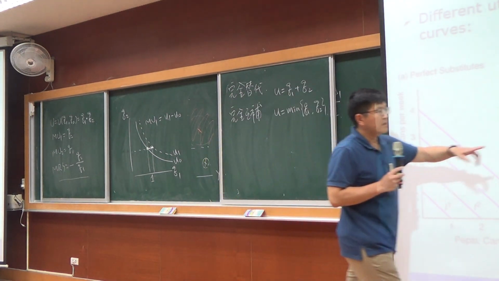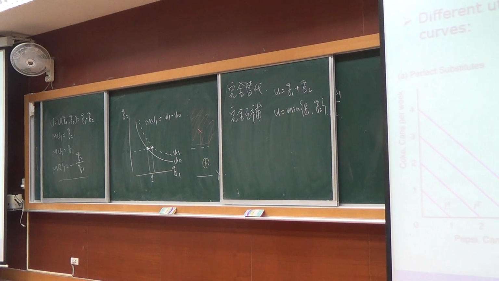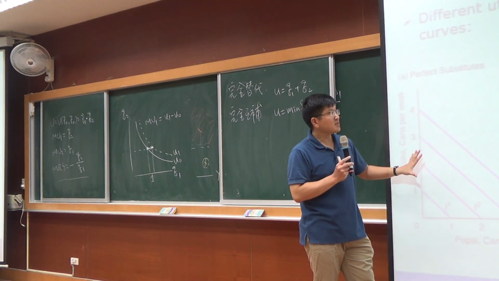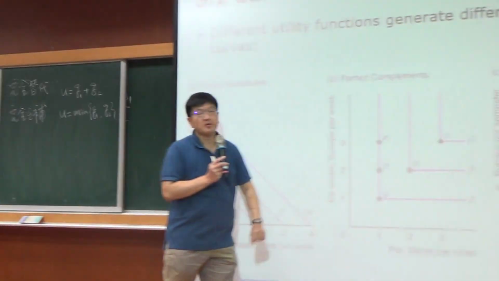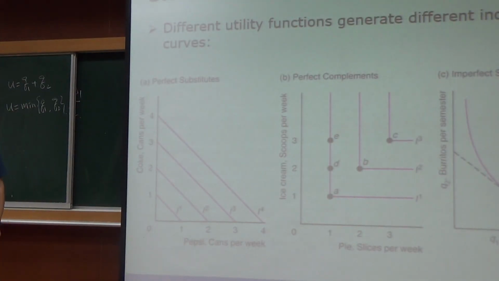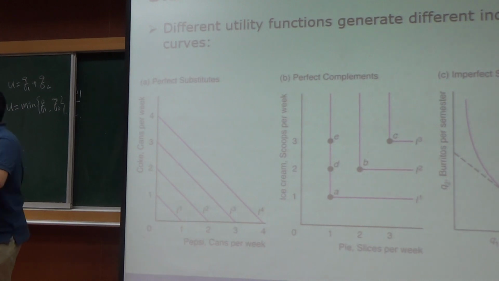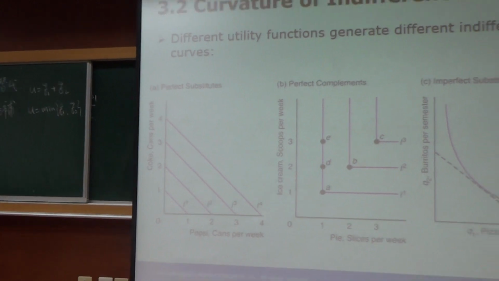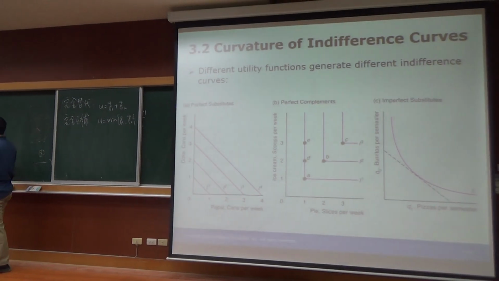Just the normal indifference curve falls between the case of perfect substitutes and perfect complements. So case number 1, perfect substitute.